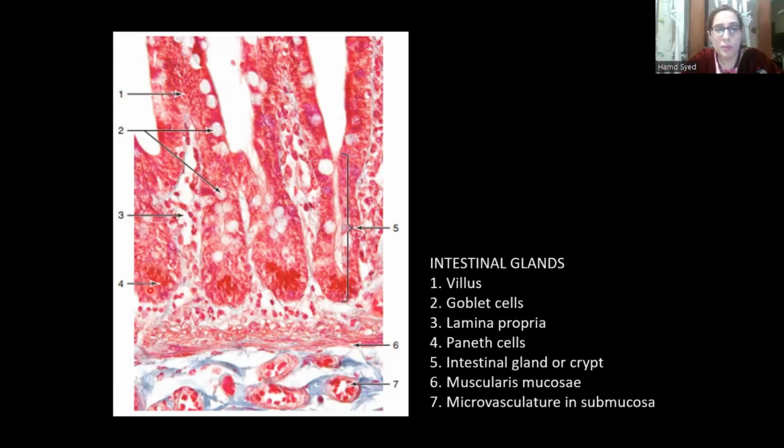Number 4, in the basal region of these intestinal glands, shows cells with highly eosinophilic granules, which are the Paneth cells. Let's also look at number 6, the muscularis mucosae, which is the innermost part of the mucosa. Number 5 is the arrow pointing to the intestinal glands. And number 7 shows the submucosa, in which the small blood capillaries, that is, the microvasculature, are present, which are the fenestrated capillaries.